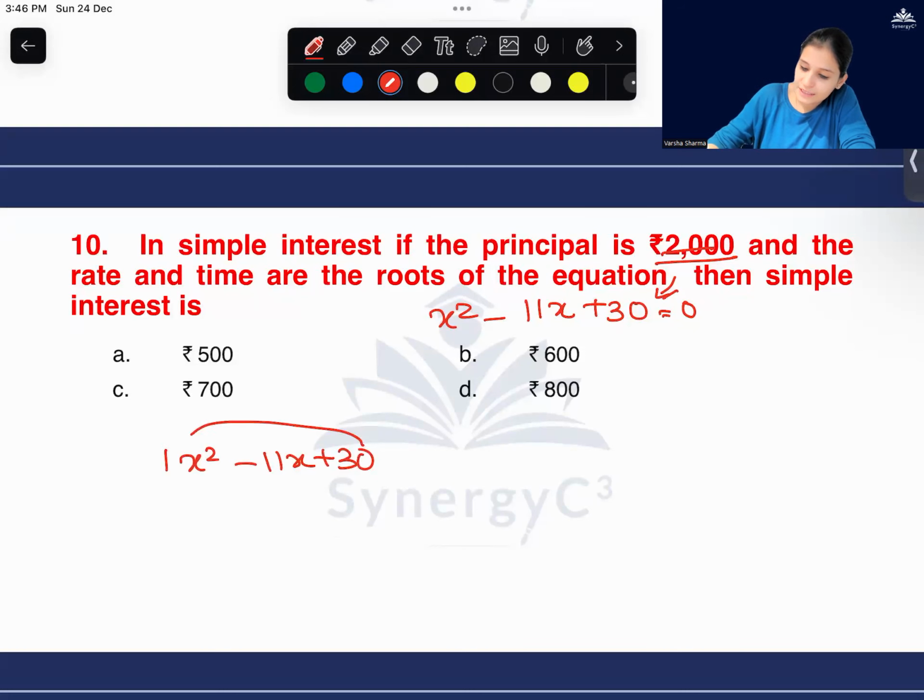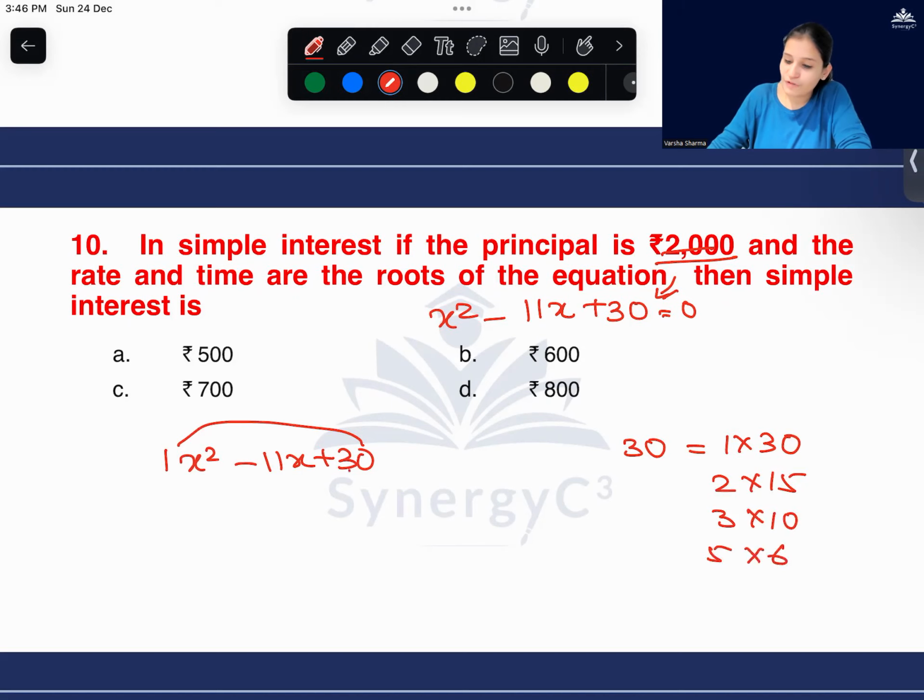Here it's 1, 30, which can be written as 1 into 30, 2 into 15, 3 into 10, or 5 into 6. Before 30 there is a plus sign, so after adding the factors you should get 11. That means 11 should be written as 5x and 6x.